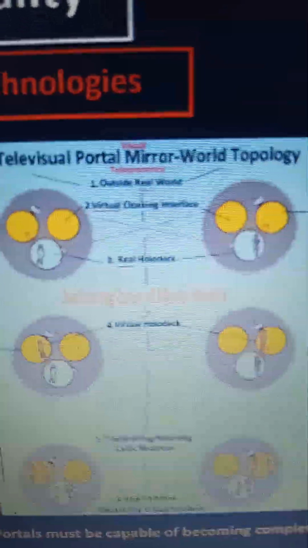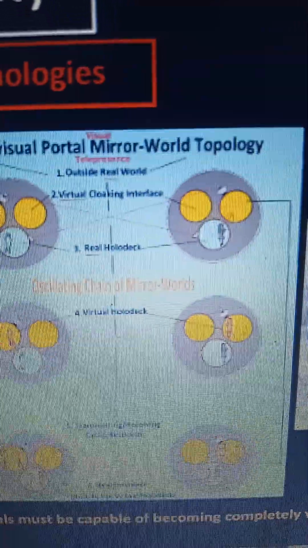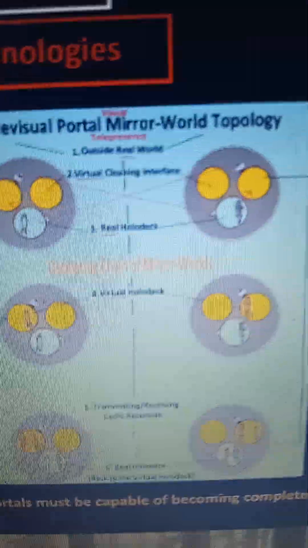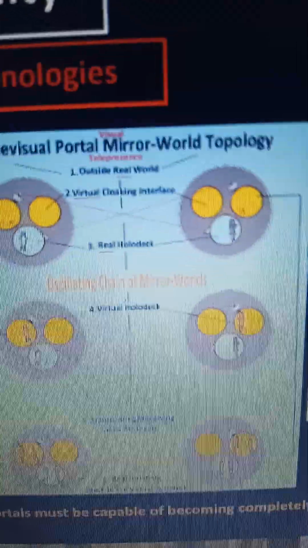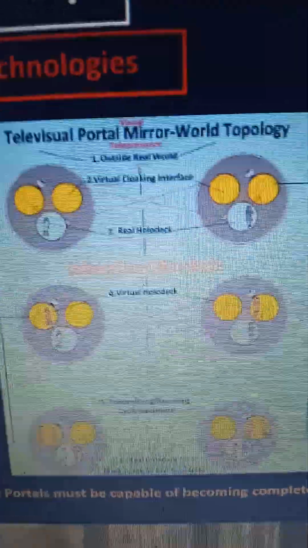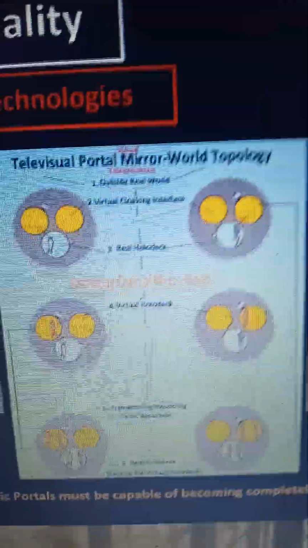And it transmits in that cyclic recursion indefinitely, between real and virtual mirror worlds of each other. And I call this a real topology of the universe.